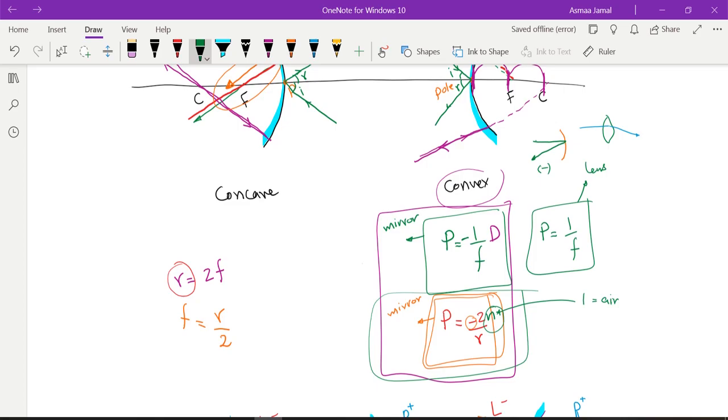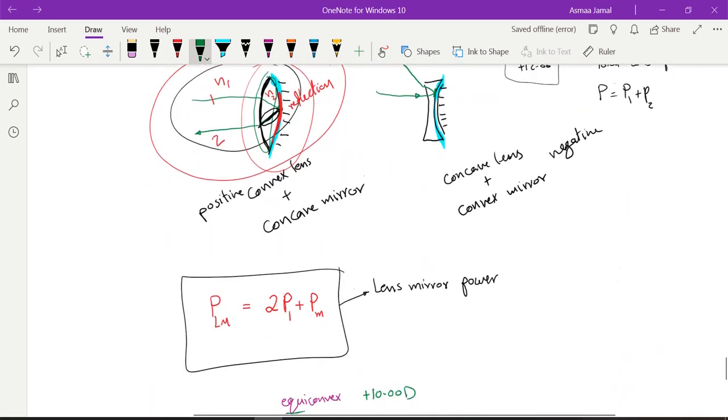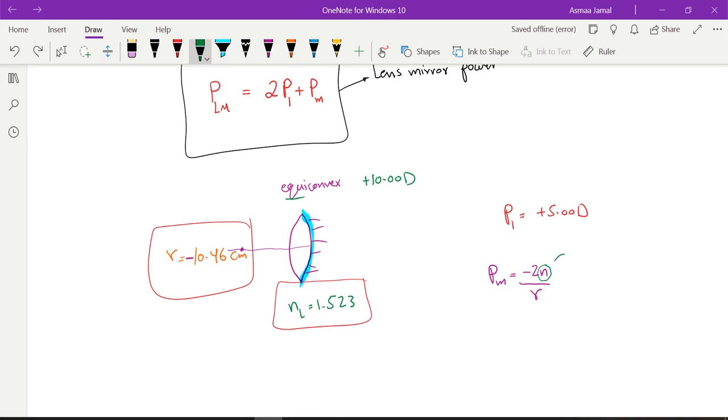For example, water or glass. So in our example here, our medium is the glass. So minus 2 multiplied by 1.523. And since we need power, which means diopter, we need to convert those centimeters into meters.